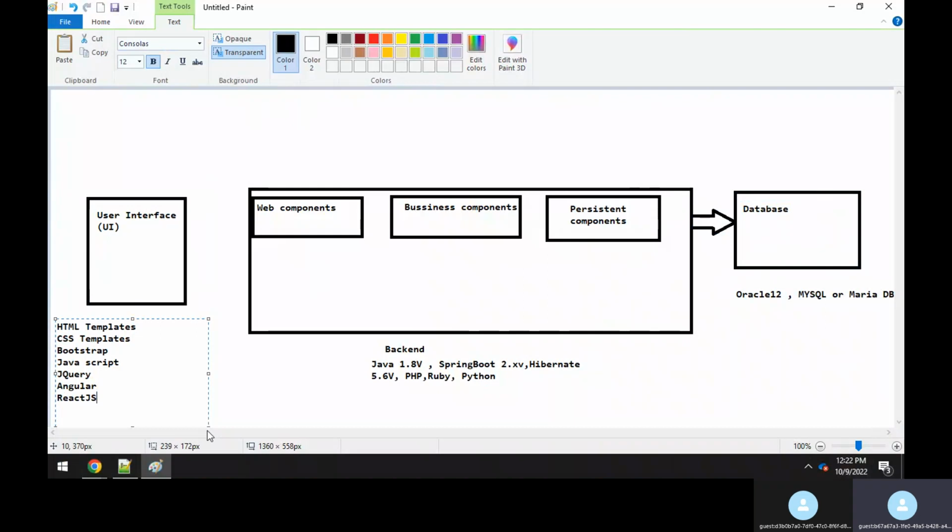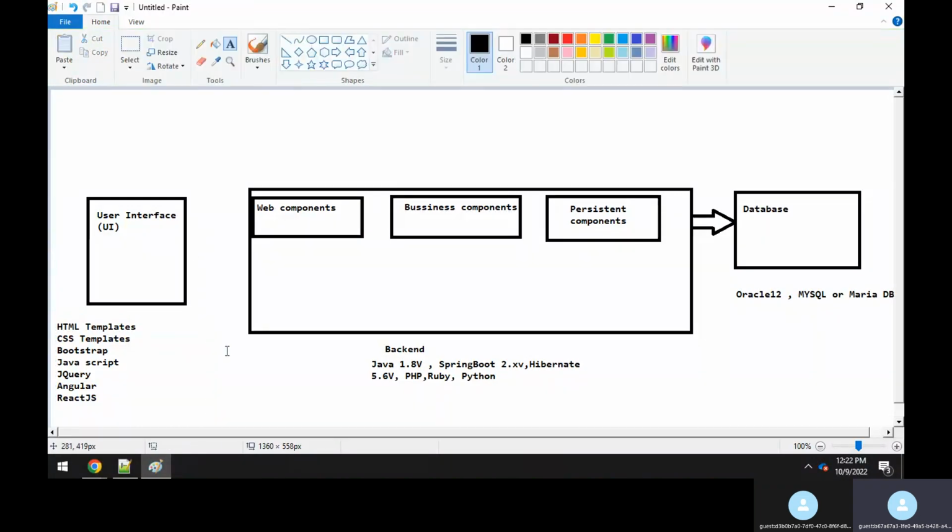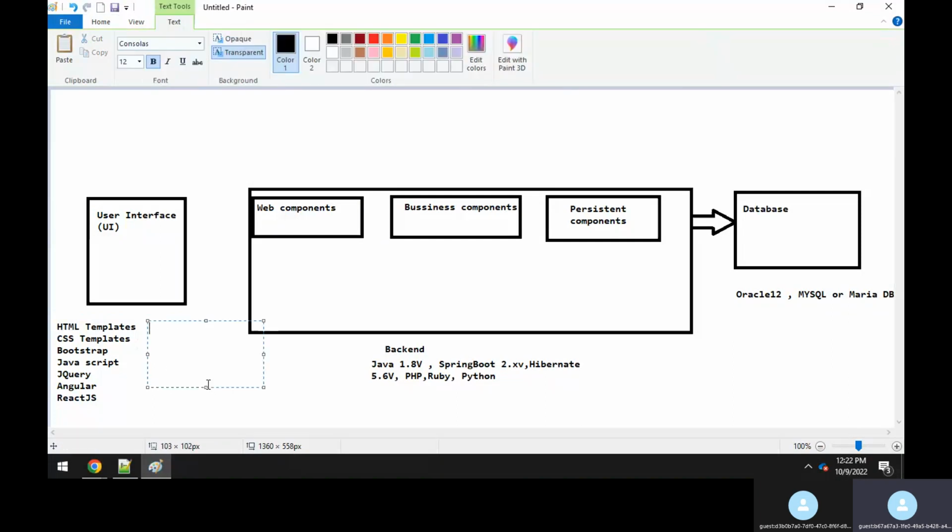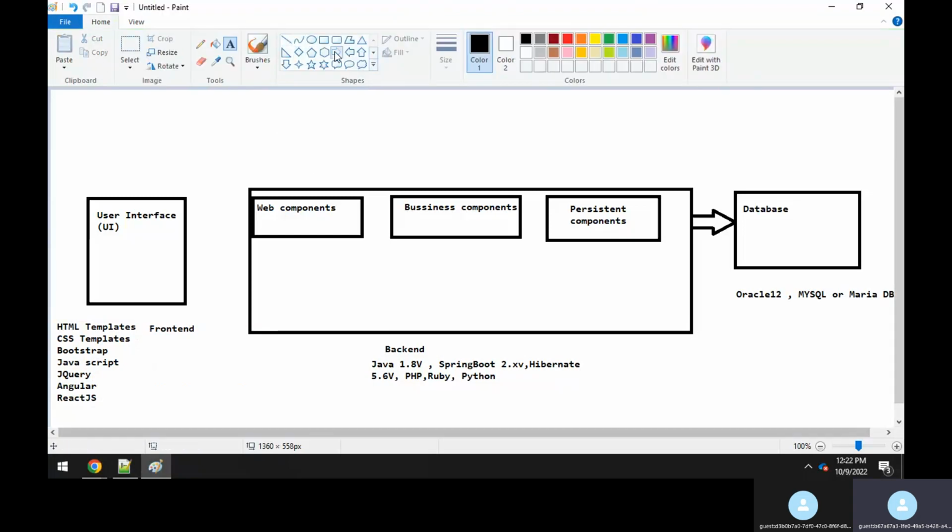You use any of these tools or languages to develop your front end UI. We call this a front end component, and it always communicates with your backend.